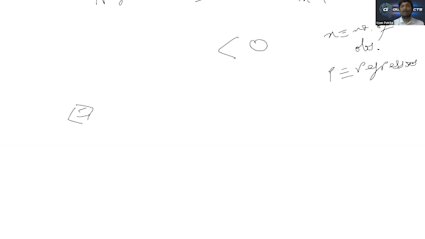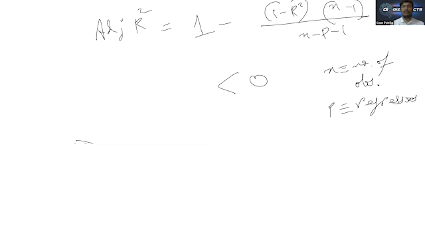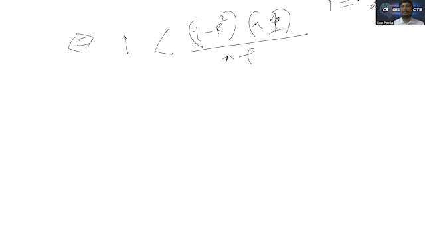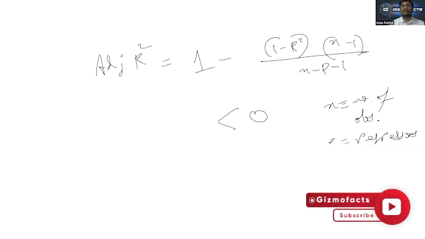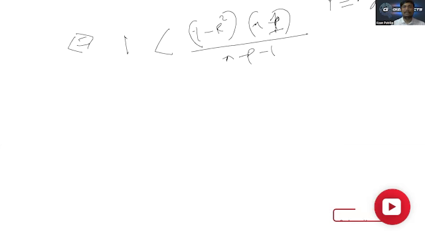From the formula, if we take the expression to the other side, we get 1 minus R square times n minus p divided by n minus 1 in the numerator, and n minus p minus 1 in the denominator, changing the sides of the inequality.